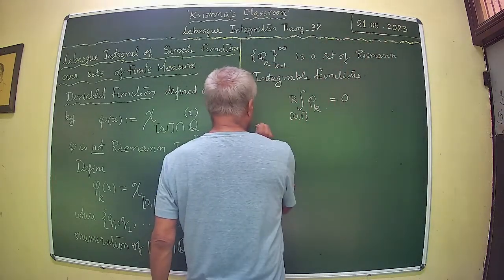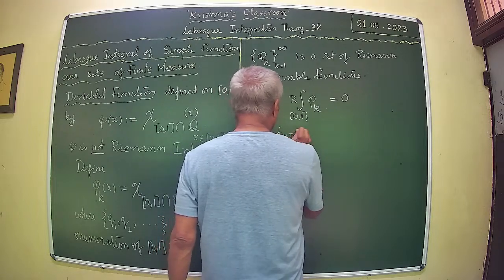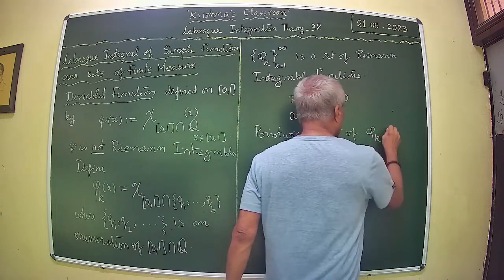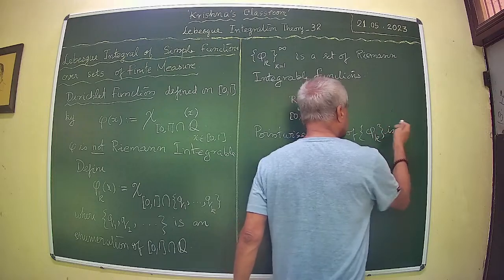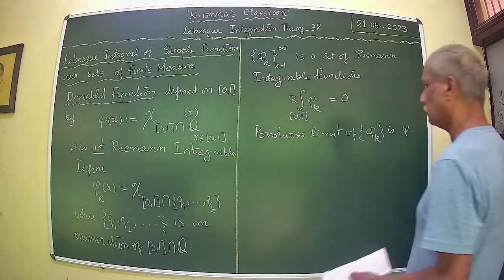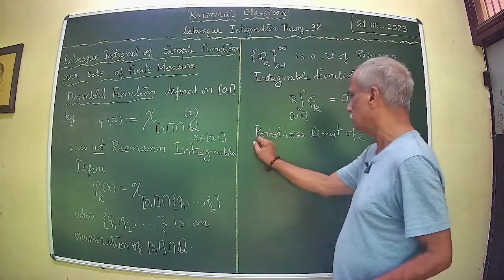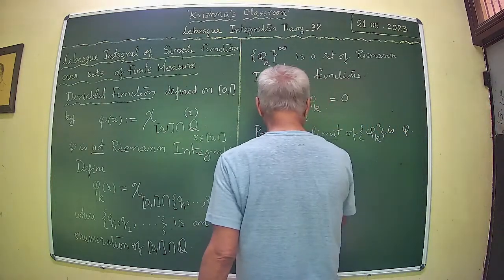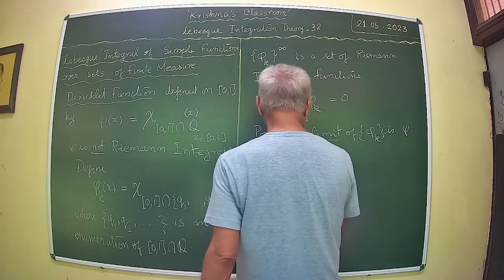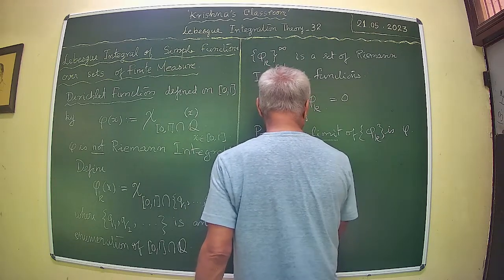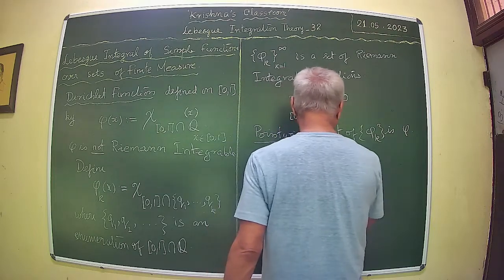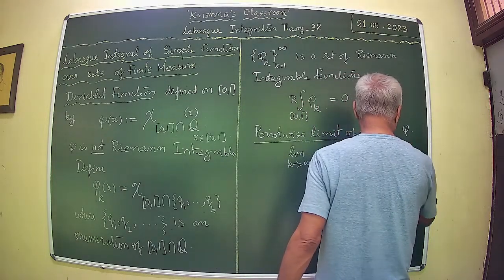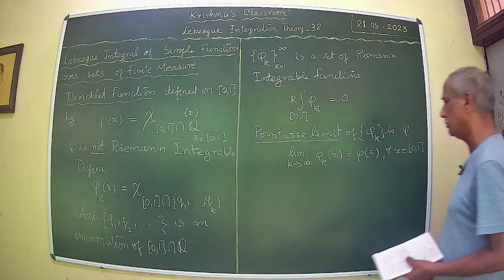And of course, the pointwise limit of phi k, as k tends to infinity, is phi.